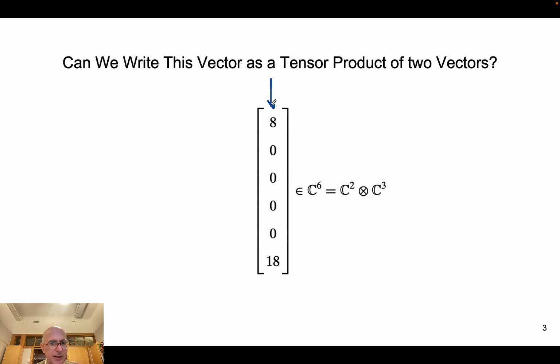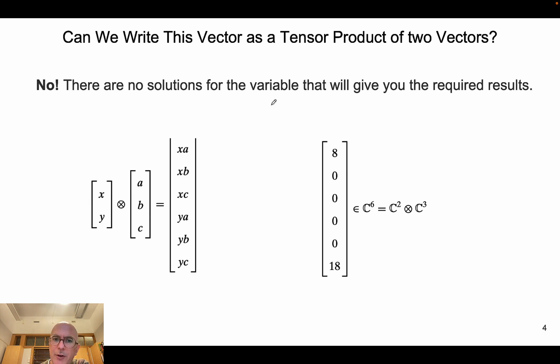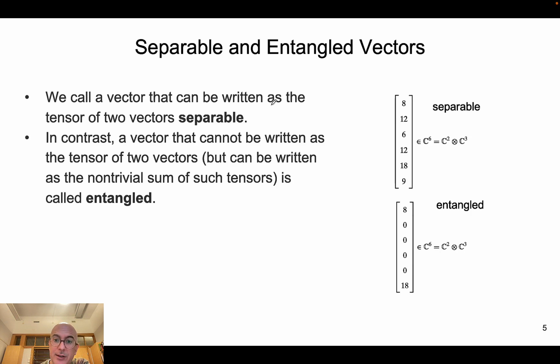Well, we can think a little bit of time, and the answer is actually no. We cannot really express this vector as the tensor product of two simpler vectors. So no matter what we try to do, we will never be able to express this vector as a tensor product of two vectors. There is no real solution that will give us the required result, unfortunately.